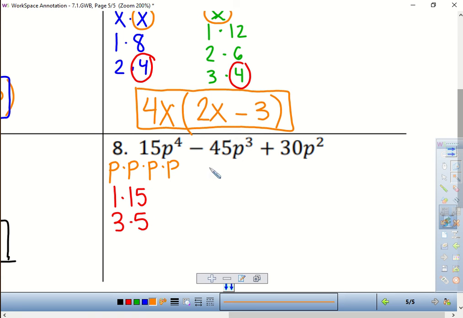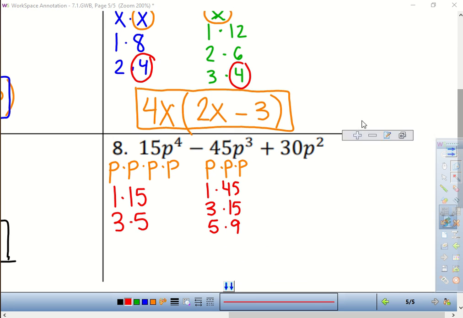And now let's do the next one. We got p times p times p. We always have 1 times itself. We have 3 times 15, and 5 times 9. Yep, good. The greatest common factor is 15. I think it will be, yes, good.